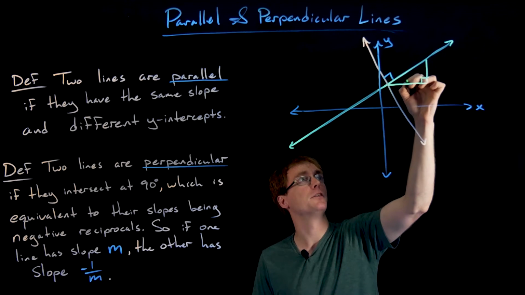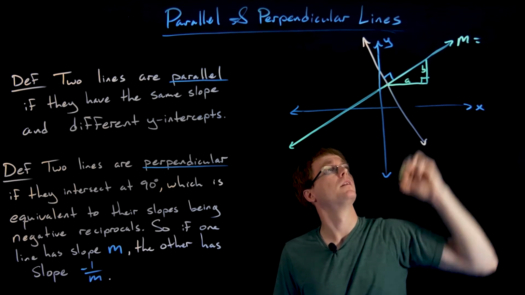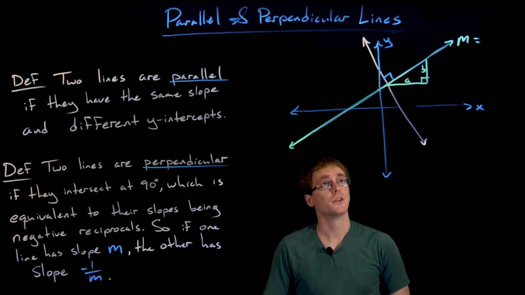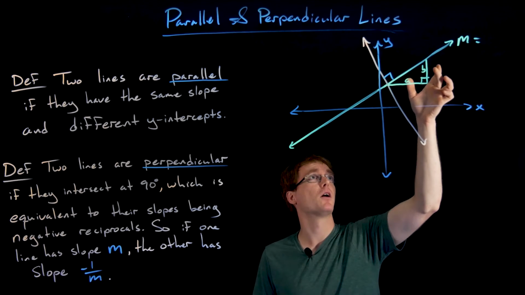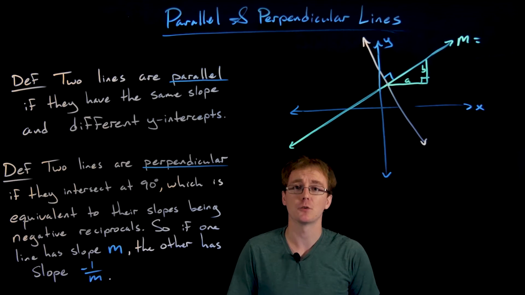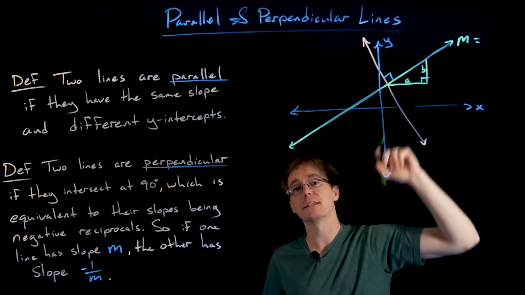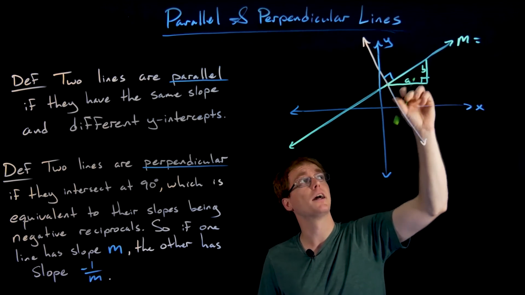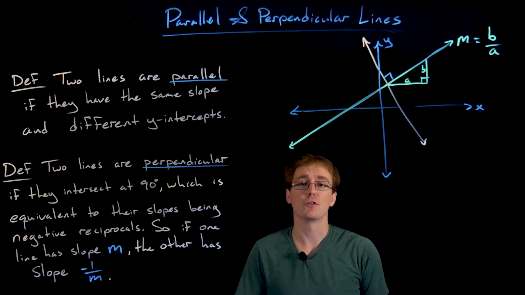Let's go ahead and use A and B. A couple things to notice: these are side lengths of our triangle, so they're both positive. A is like the change in x, and B is like our change in y. So if we want to describe the slope of our green line using the change in y over the change in x, that would look like B over A.